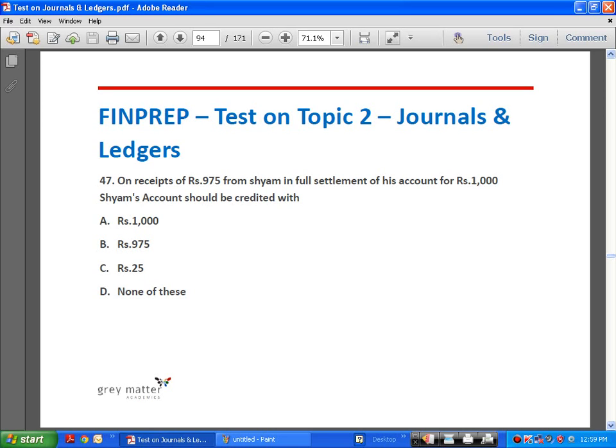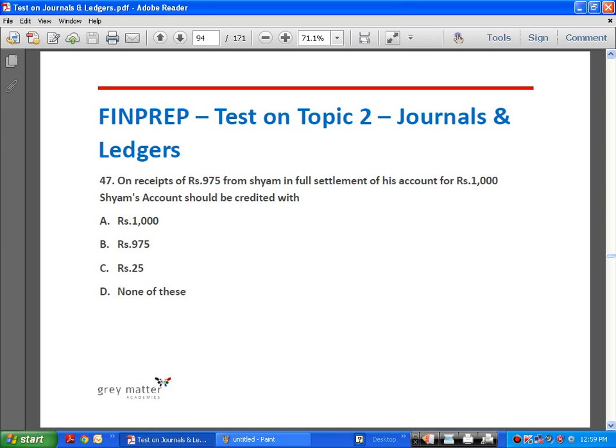And so when a personal account, so the balance in a personal account is reducing, and the rule is credit the giver. In case of personal accounts, the rule is credit the giver. The giver is Shyam, so he has to be credited with 1,000 rupees. So the accounting entry for this transaction will be cash comes in.